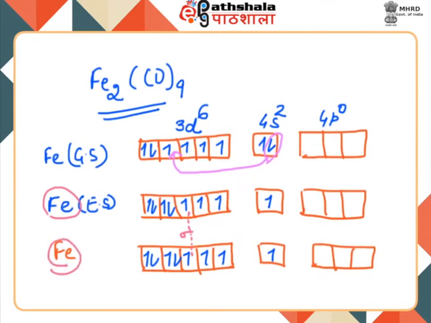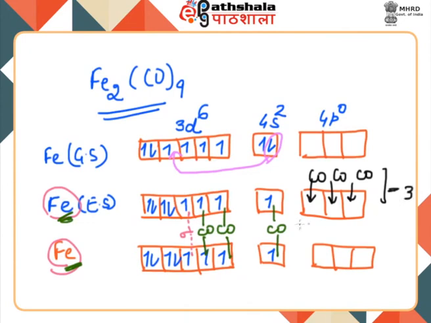And if we see where there will be the bridging carbonyls, there will be one bridging carbonyl here, another bridging carbonyl here, and another bridging carbonyl here. So there will be 3 bridging carbonyls between these 2 iron atoms. Furthermore, in these vacant orbitals, there will be 3 carbonyls acting as terminal carbonyls.